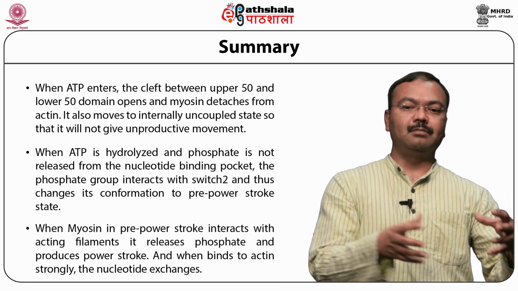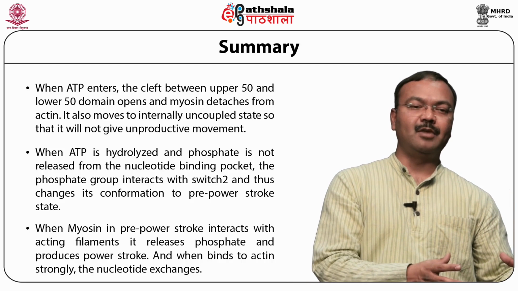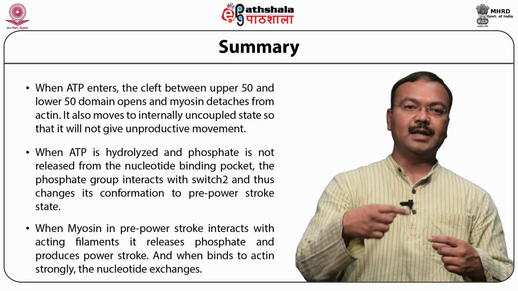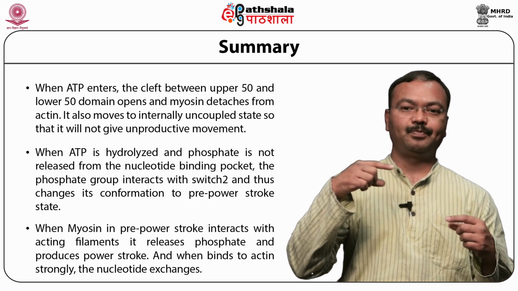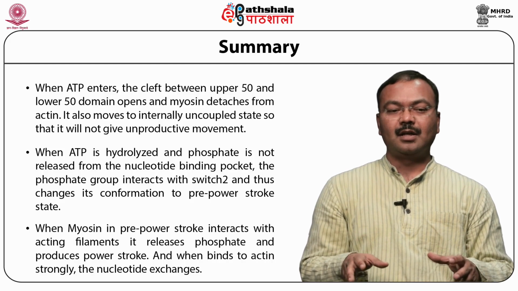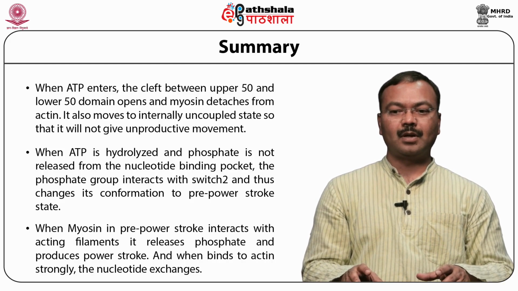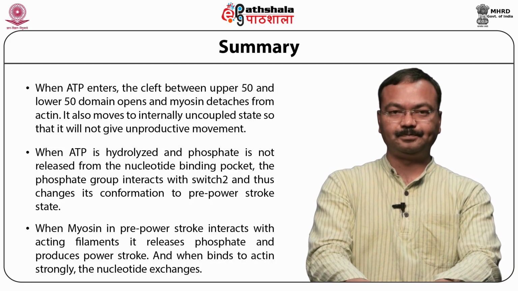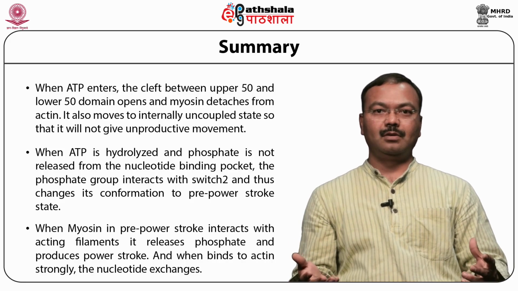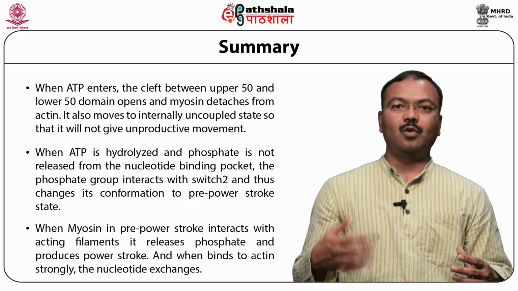Examples are phagocytic cup formation in amoeba, or amoeba movement, where actin treadmilling continuously takes place, and that's how the amoeba crawls forward. The other protein is the myosin motor, which slides or walks on actin.